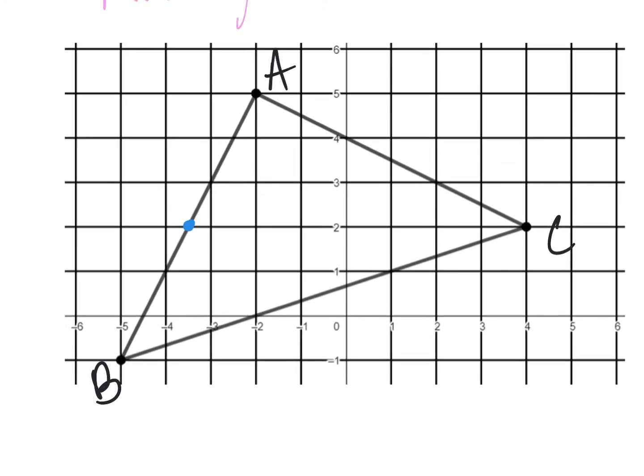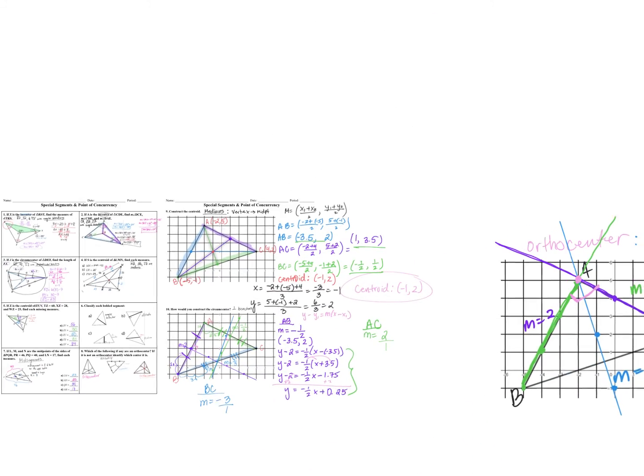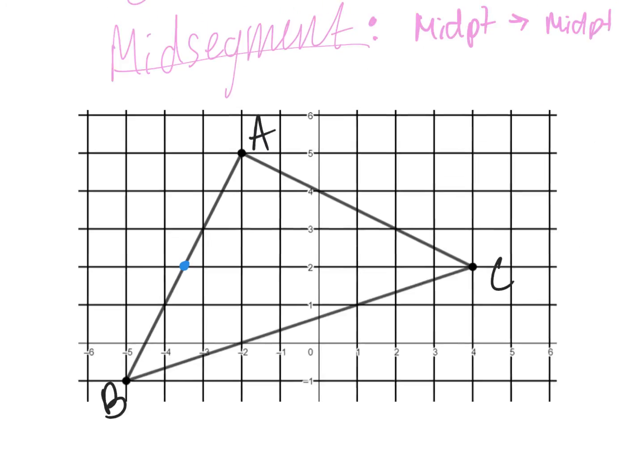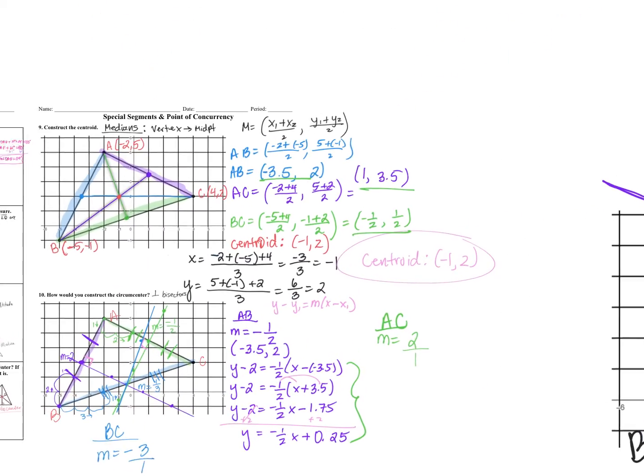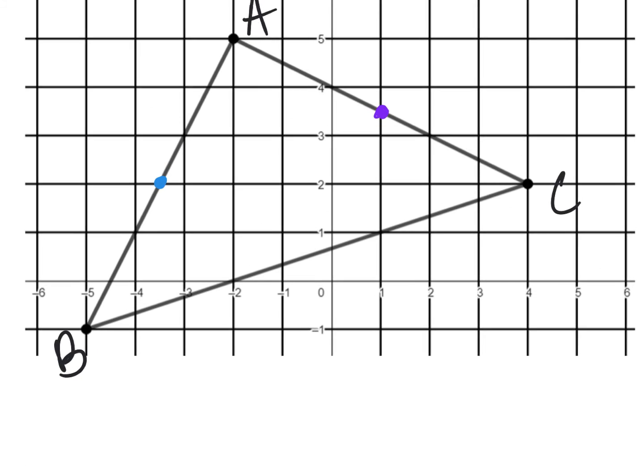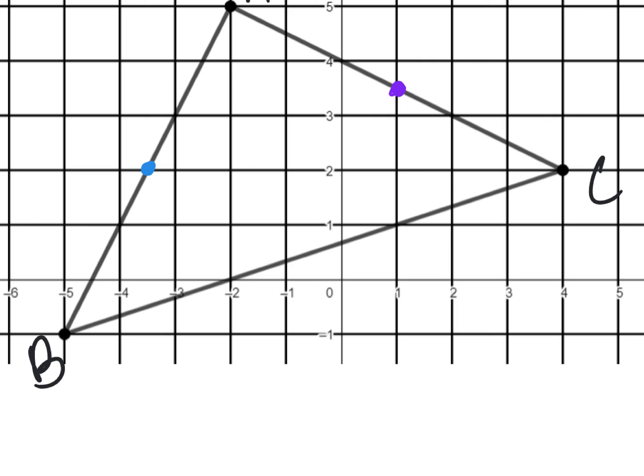Midpoint of AC was (3.5, ...). And midpoint of BC is (-1/2, ...). There we go.